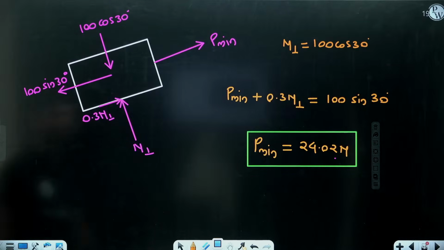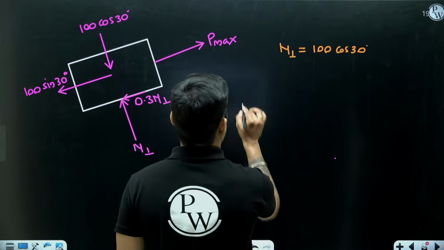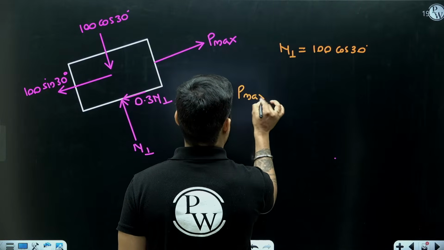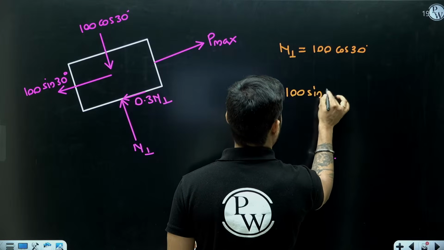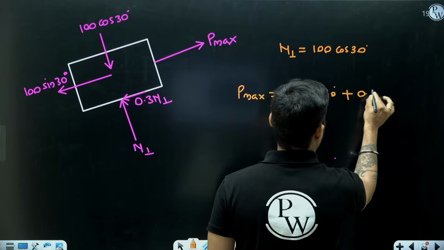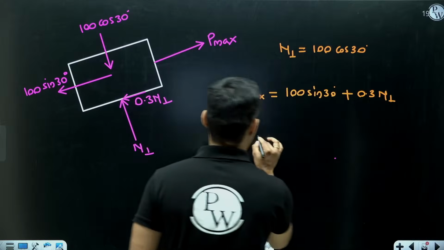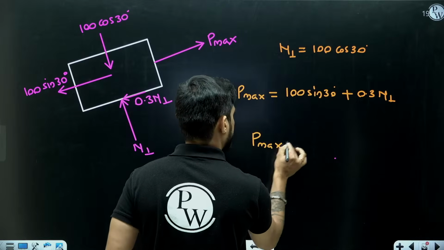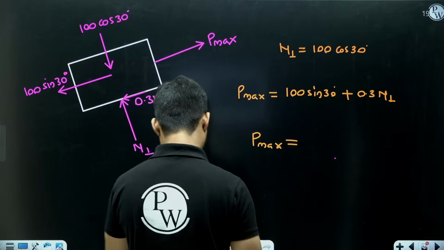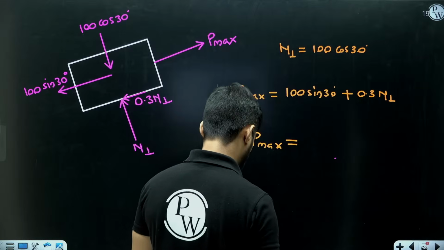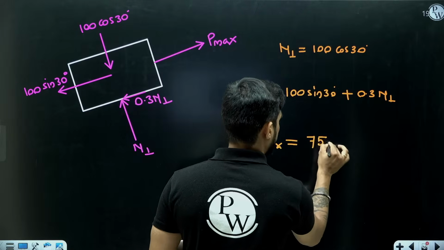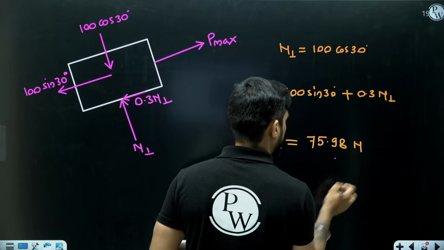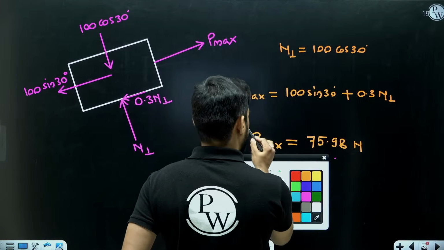In second case, P maximum will be equal to 100 sin 30 plus 0.3 N1. So P maximum is 75.98 Newton. Means almost 76 Newton.